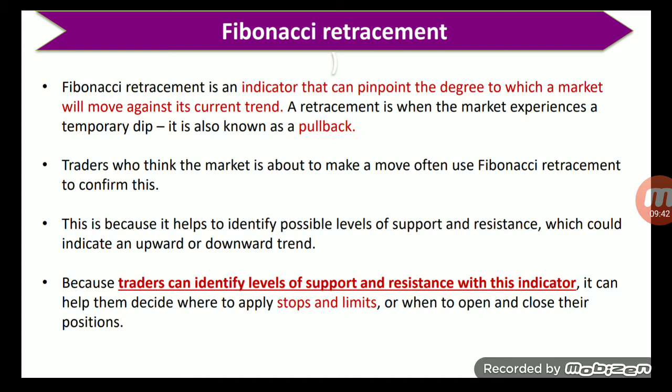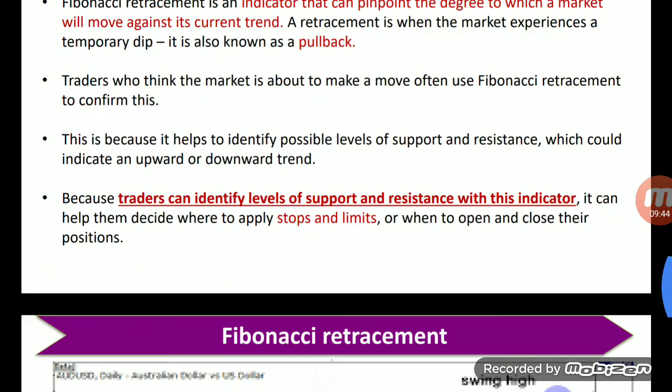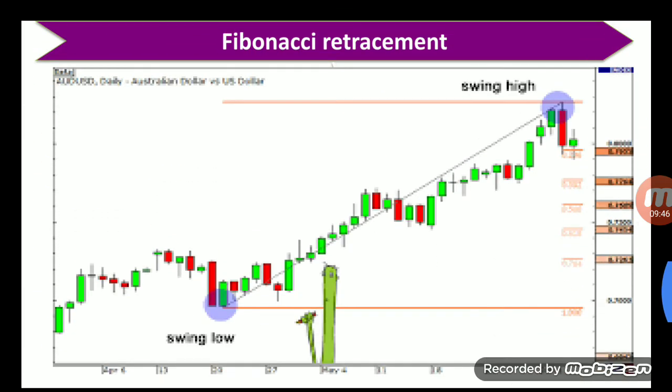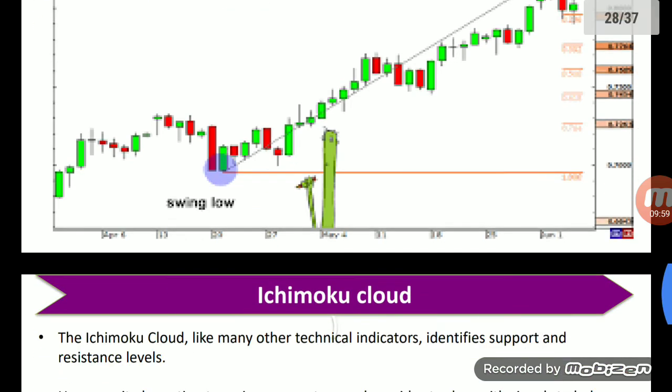You can see on the graph the support level and resistance level. Here the swing high line and swing low line are shown.